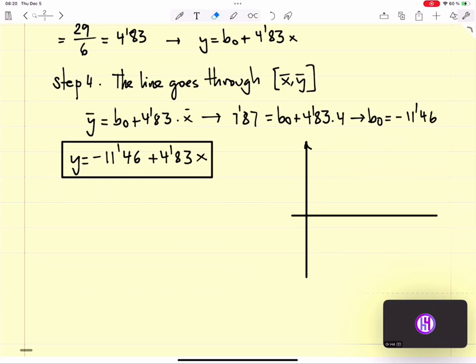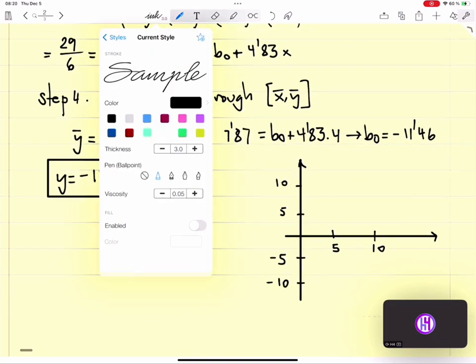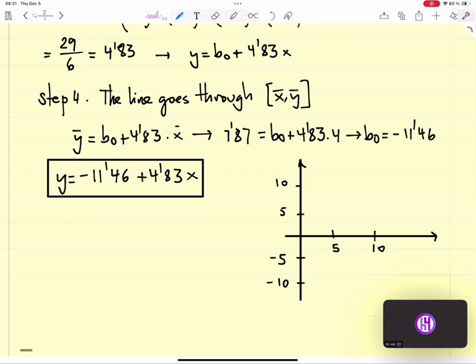So it'll be something like, let's say this is minus 5, minus 10. This is 5, this is 10. So the line is going to be going through the midpoint, so the mean value is somewhere here, 4 and 7 something, somewhere here. So this is the mean value, x mean, y mean.